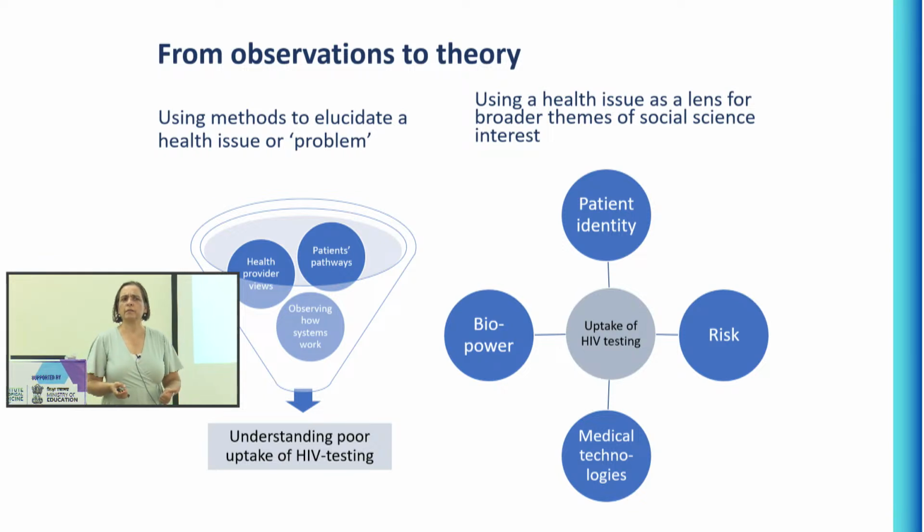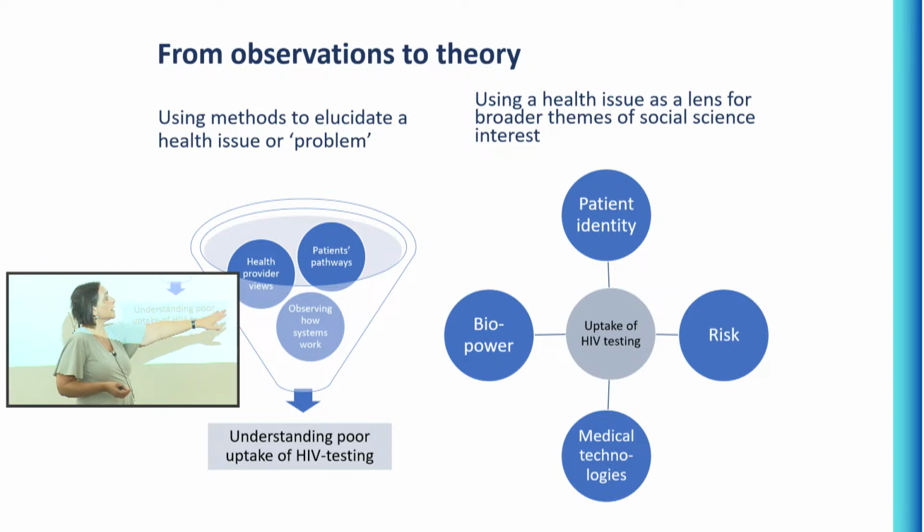So you say, oh, this is interesting. Let's try to understand the ways in which people's perception of their social identity links to their willingness to test or not. Okay? So that's a different direction. Yeah?